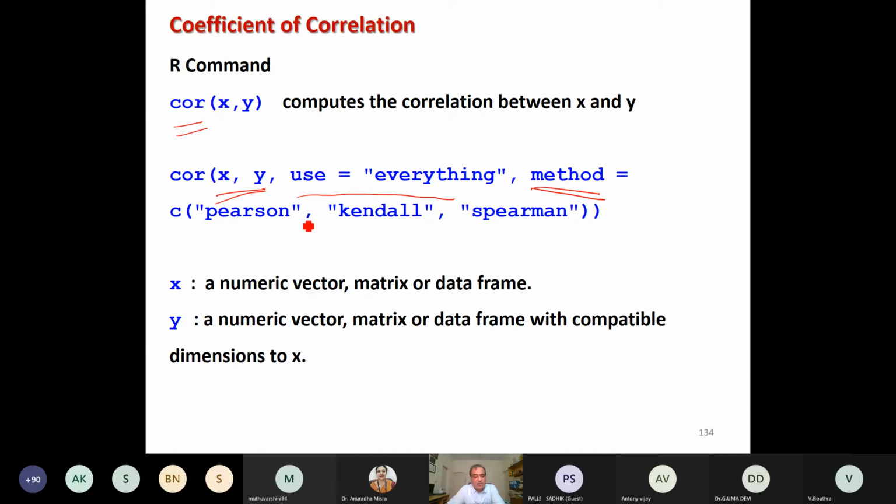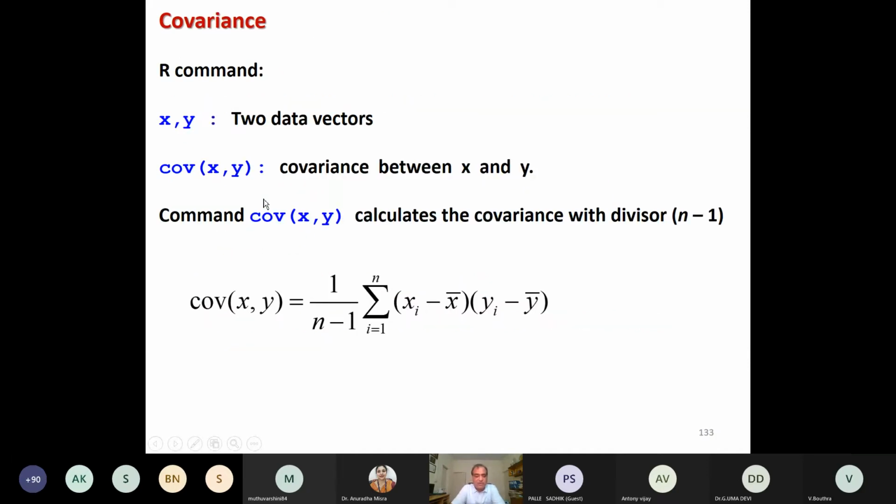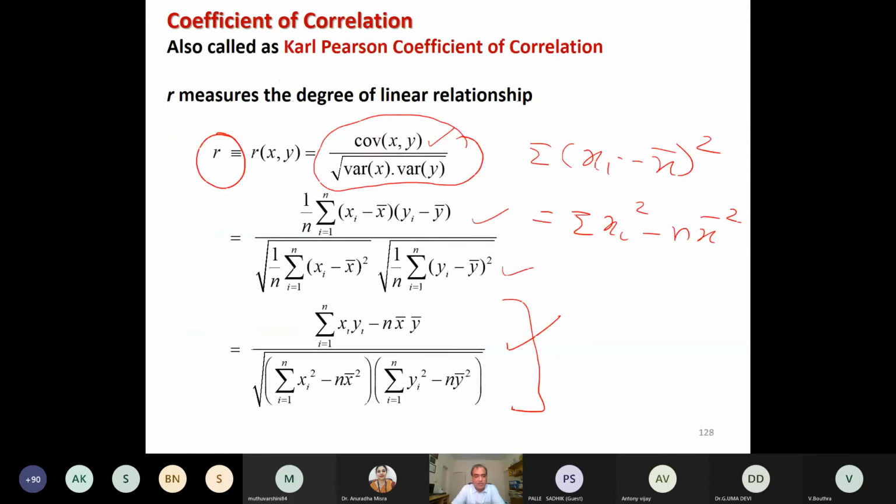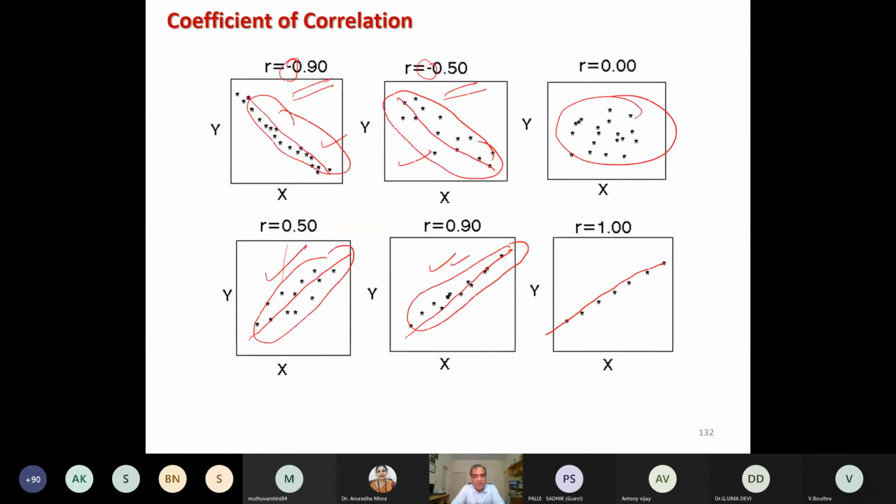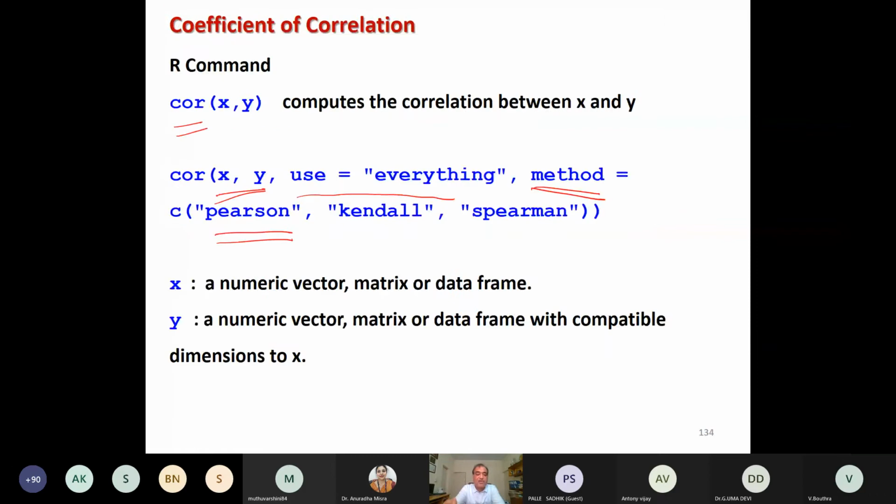As I said, the Karl Pearson correlation coefficient is the correlation coefficient which we have defined. This is computed by default; if you don't give any method here, then it will simply be the correlation coefficient. Similarly, we have another measure, the Kendall measure, which I'm not going to discuss here.